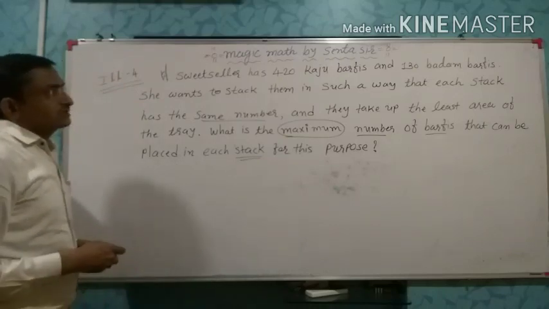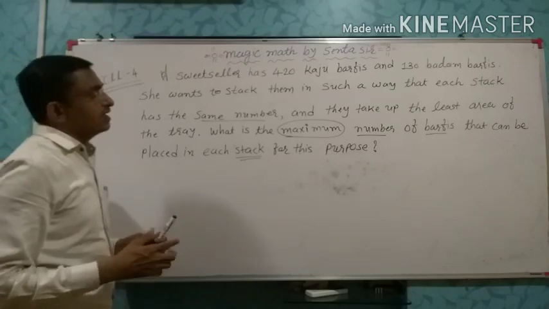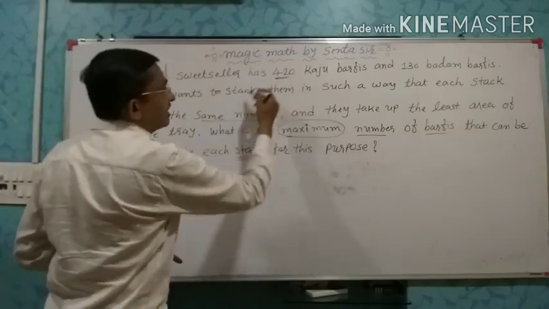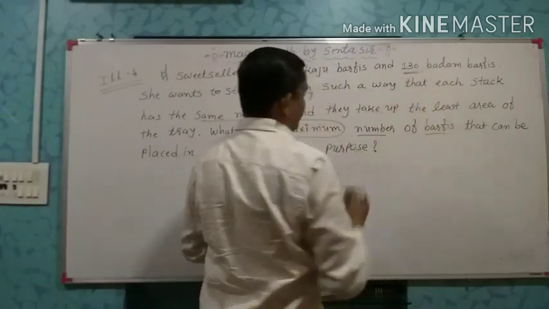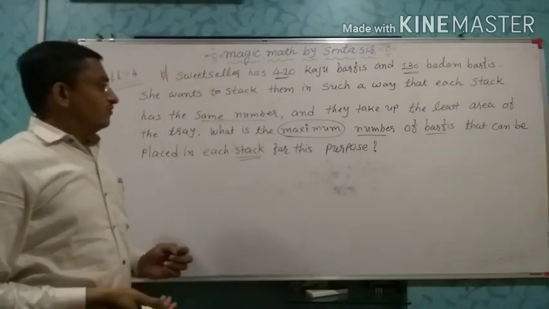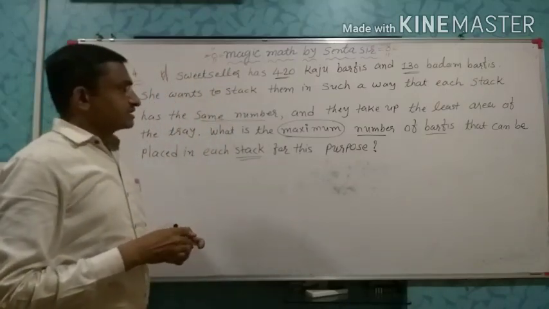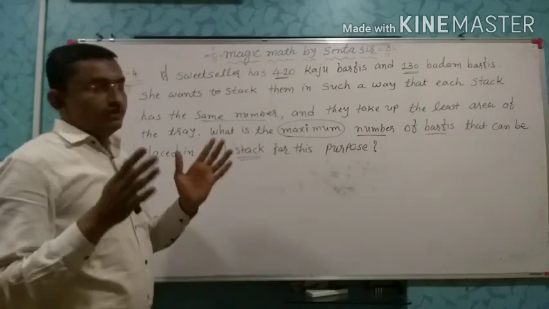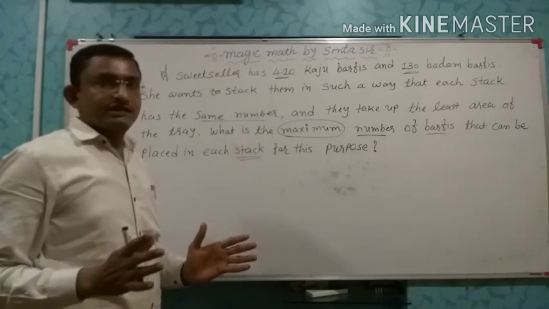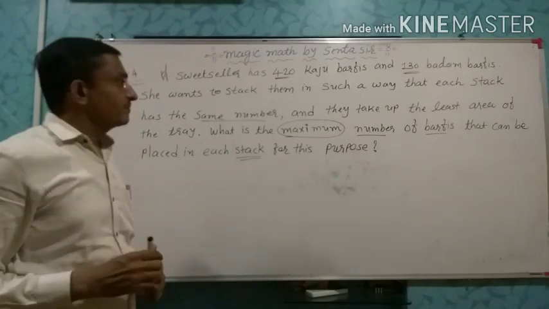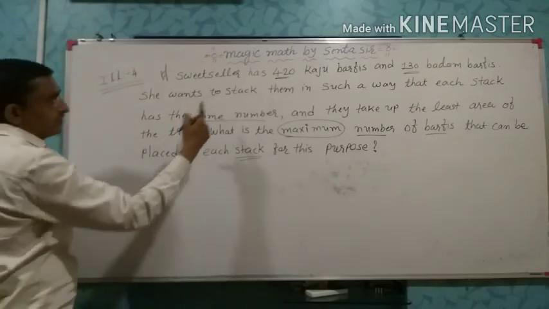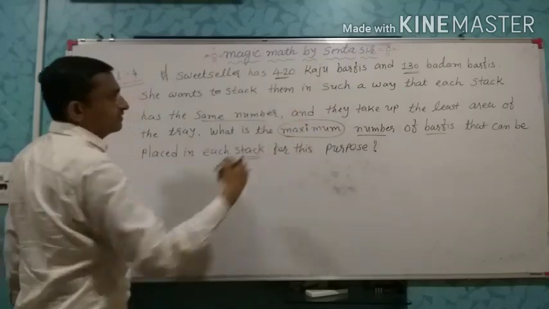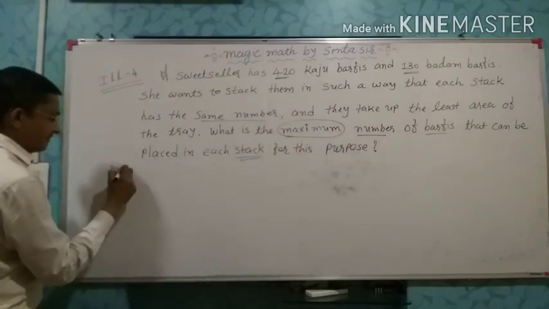Friends, here we find HCF of 420 and 130. Because if we put maximum burfis in each stack, then we require least area of the tray. Therefore, we find HCF of 420 and 130.